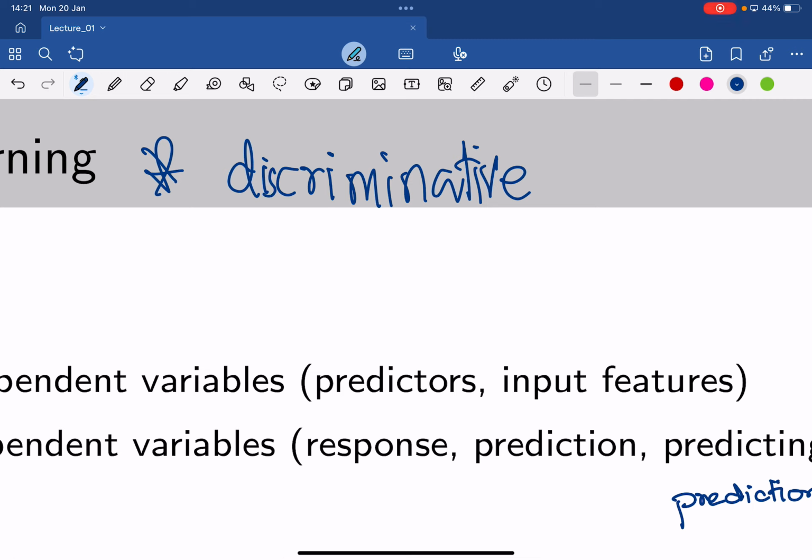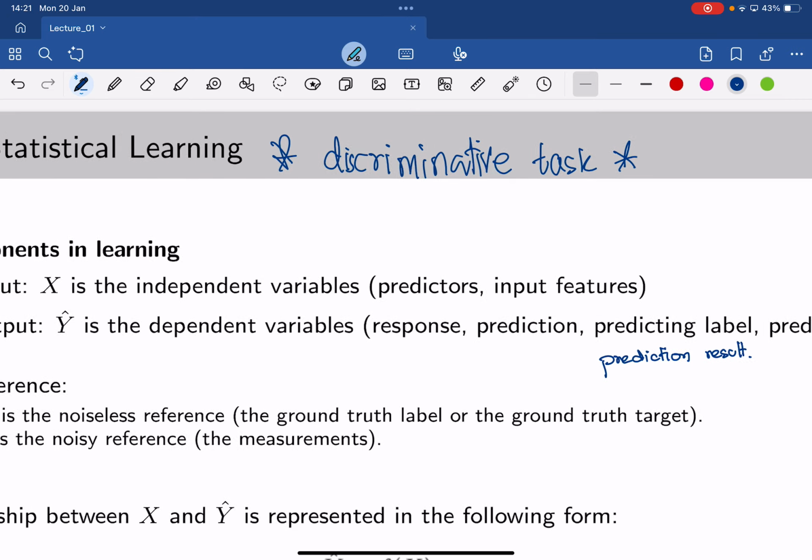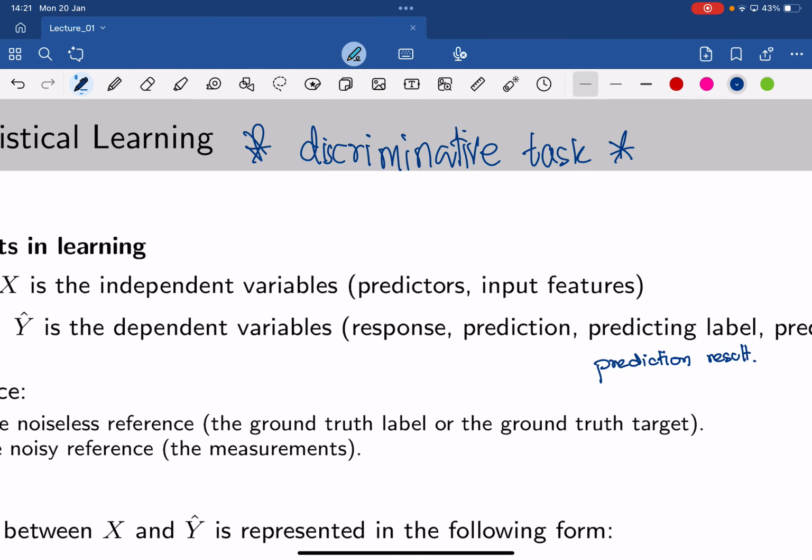Oh, I know now, I forgot the S. Discriminative tasks. But within these discriminative tasks, some of them may be using something that we call a generative combination. But usually they do that to learn the model parameters.